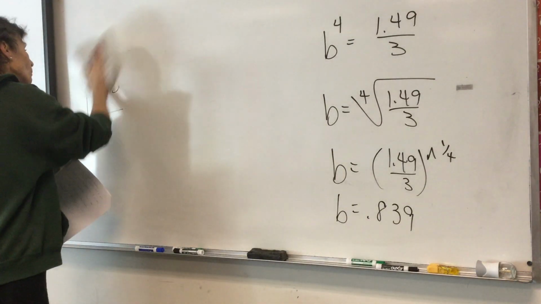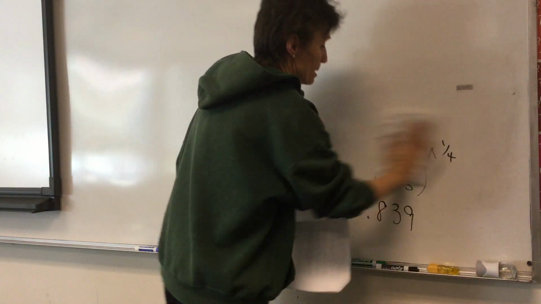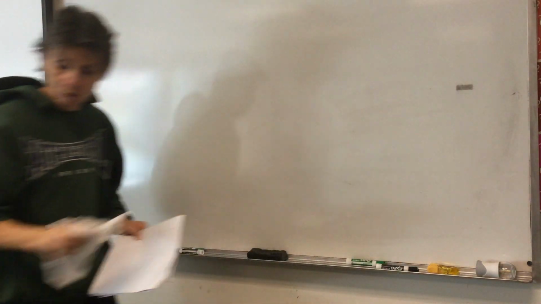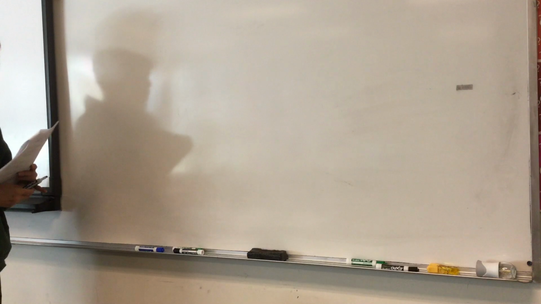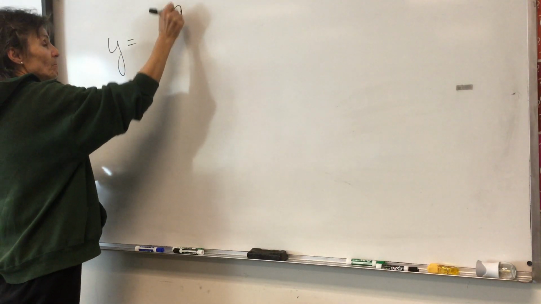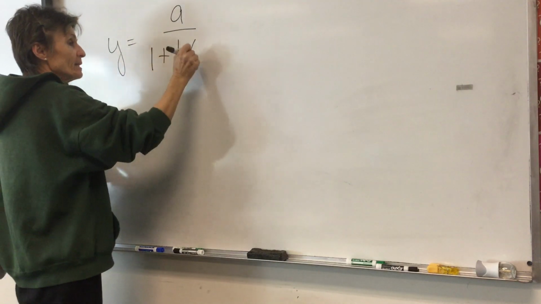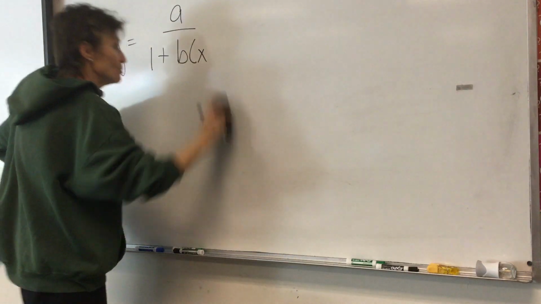The format we're going to use for our logistic functions, and there are different formats you can use, but we're going to use the one that we've been working with, which is something over 1 plus something times something to the x.